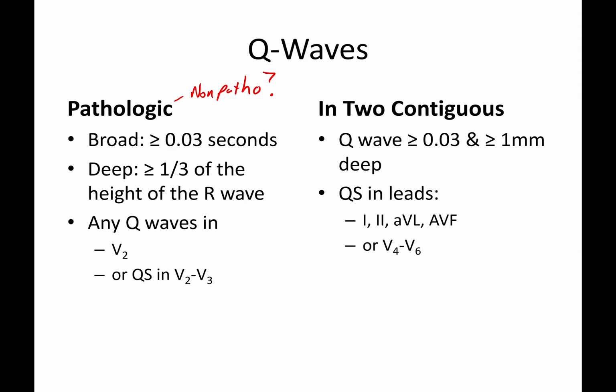So the most general concept I want you guys to take away when it comes to Q waves is this: a pathologic Q wave will be broad and it will be deep, so that it'll be wider than 0.03 seconds, which is about 1 small square.